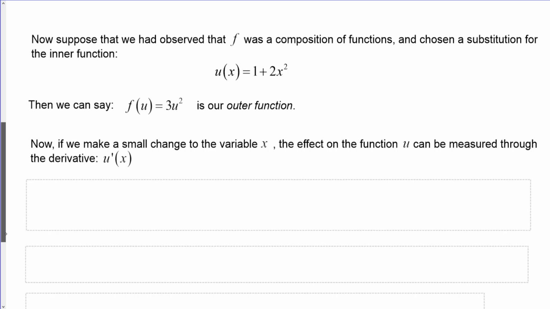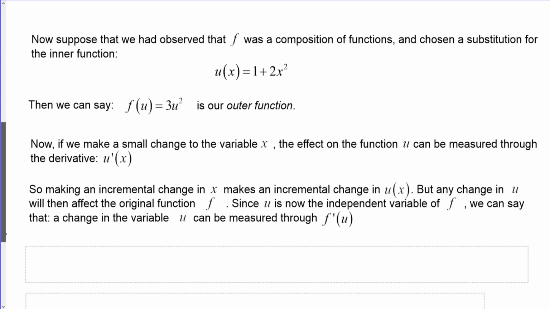Now, if we make a small change to the variable x, the effect on the function u can be measured through the derivative u prime of x. So making an incremental change in x makes an incremental change in u. But any change in u then will affect the original function f. So u is now the independent variable of f.